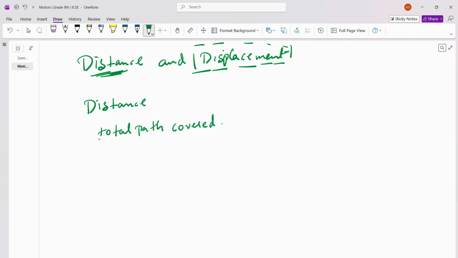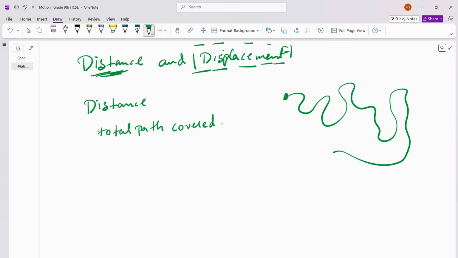Okay, so you have an object, it moves in whichever path. So you just measure the length of the path it takes.